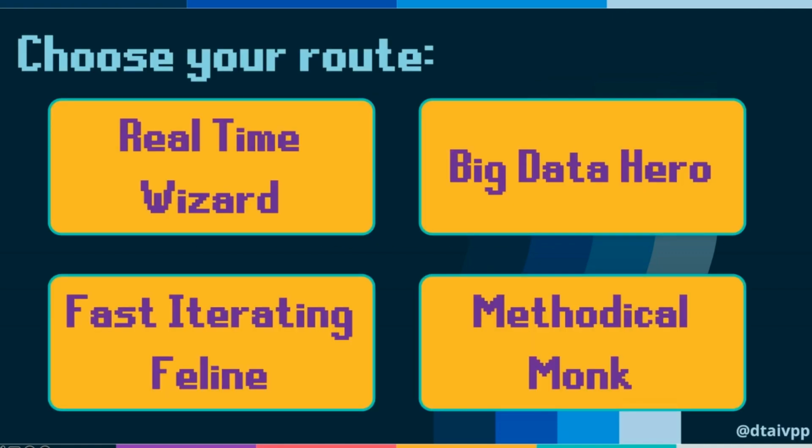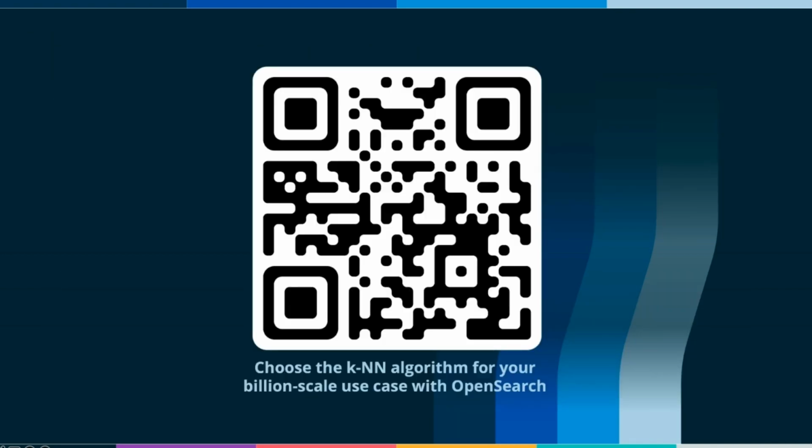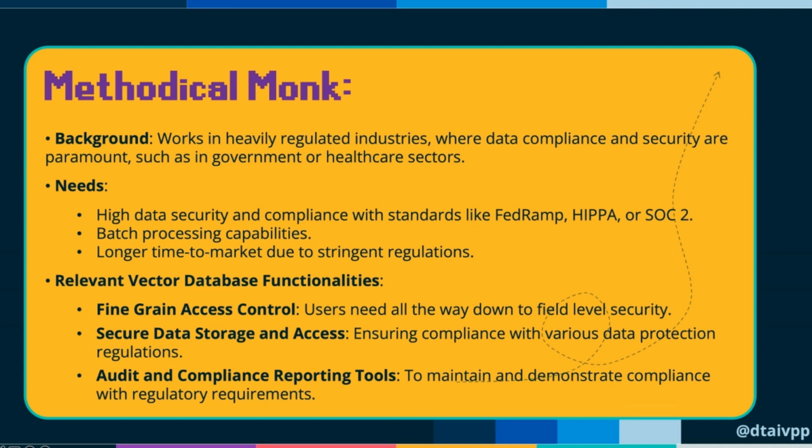But our last one is our methodical monk. This is people who work in back-end IT at big companies, and like I did before, I worked at a finance company that wasn't really fintech, or they weren't doing anything cool or exciting. They just used features that worked for them.